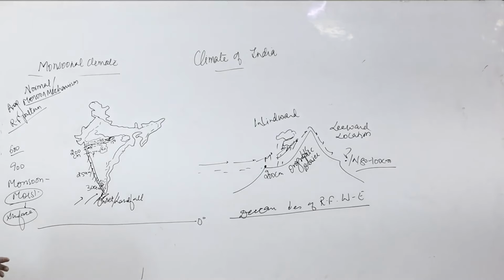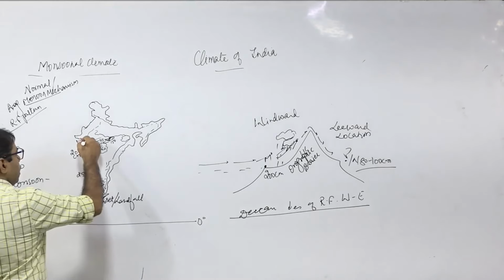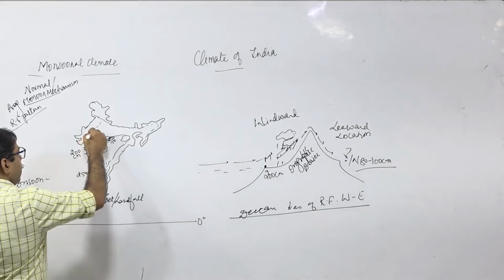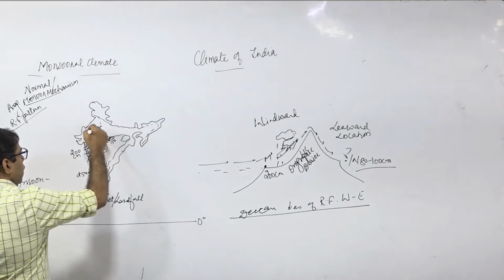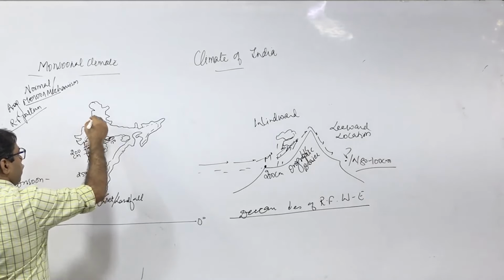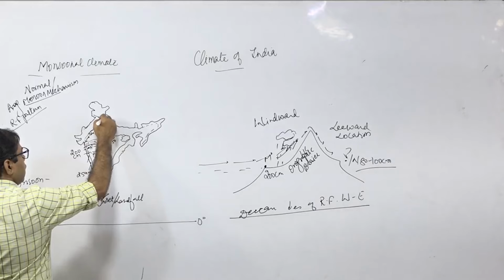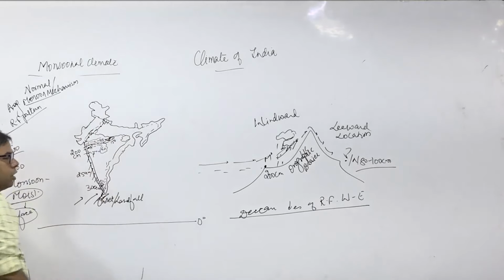Then the monsoon winds blow parallel to the Aravalli, where 75 centimeter rainfall occurs, and enter Himachal Pradesh and Uttarakhand from south to north, clear.